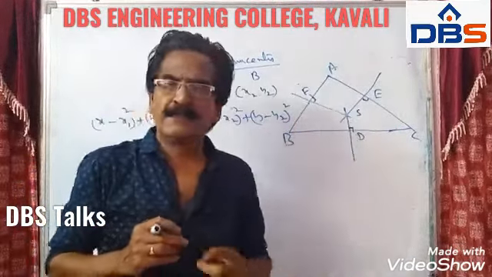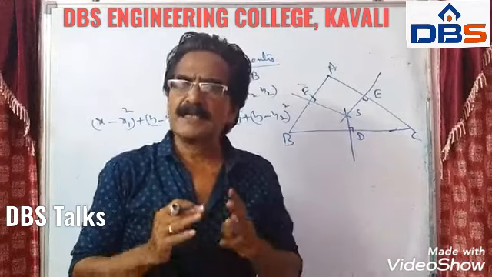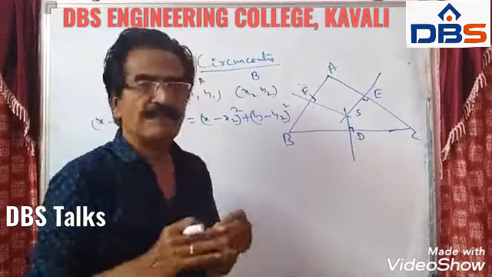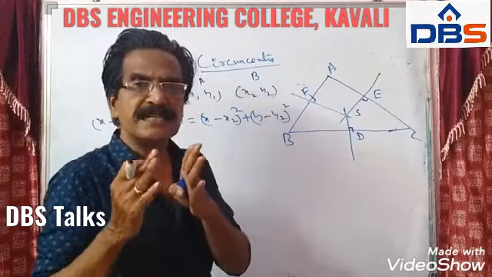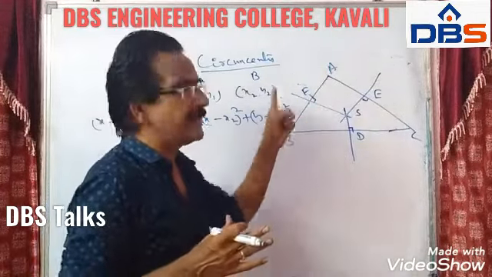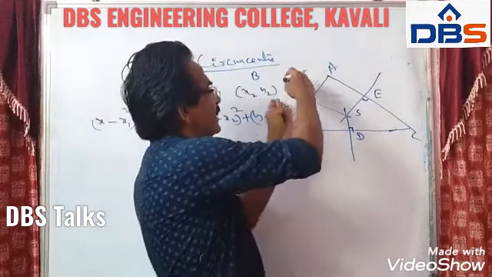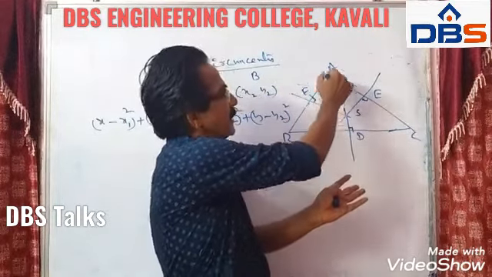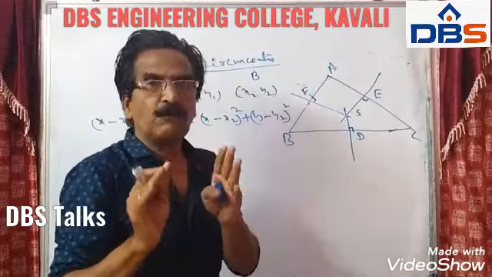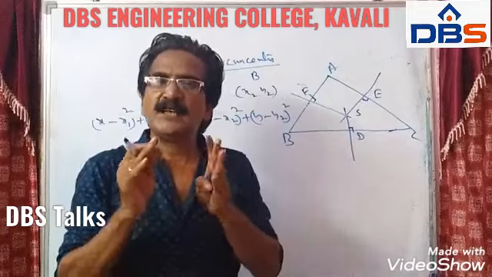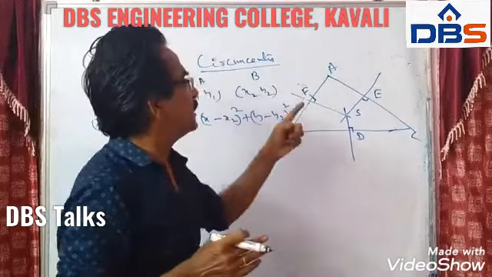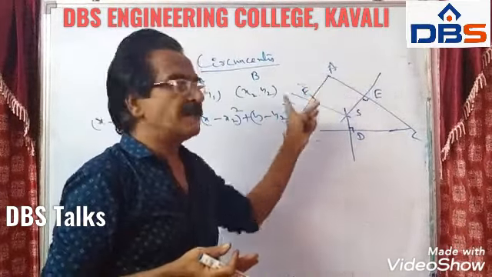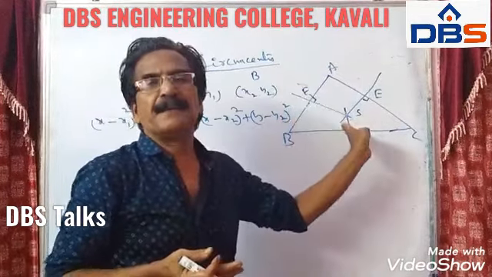This perpendicular bisector is the locus of a point which is equidistant from A and B. Any point on this line will be equidistant from A and B. So now we are finding the locus of a point which is equidistant from A and B, which is nothing but a perpendicular bisector.